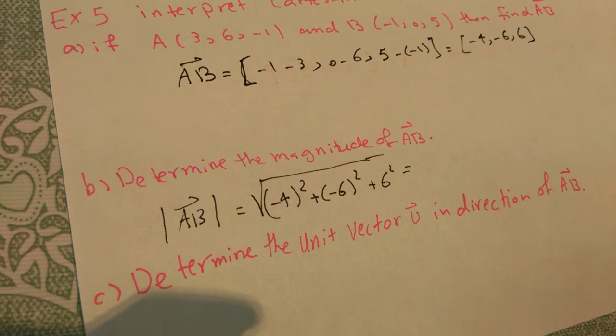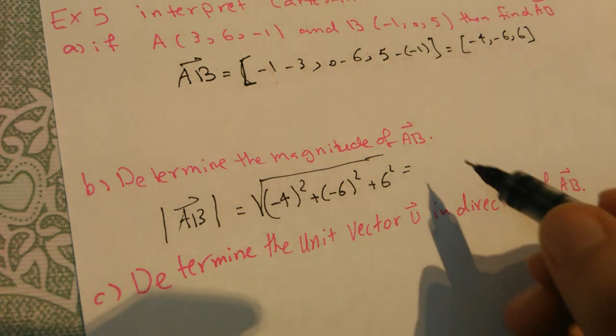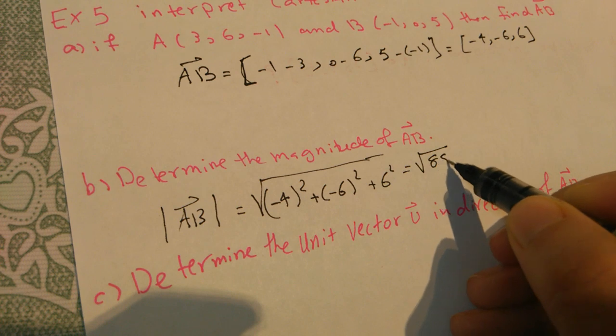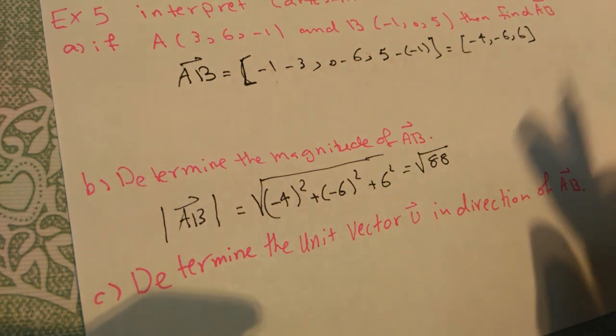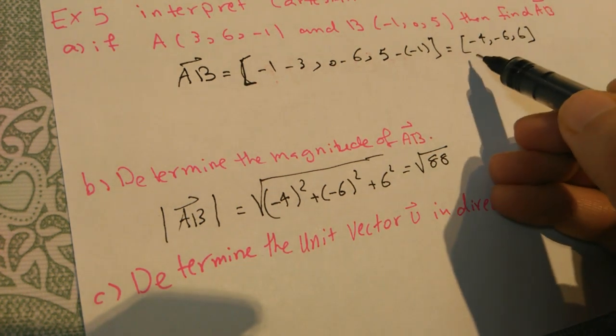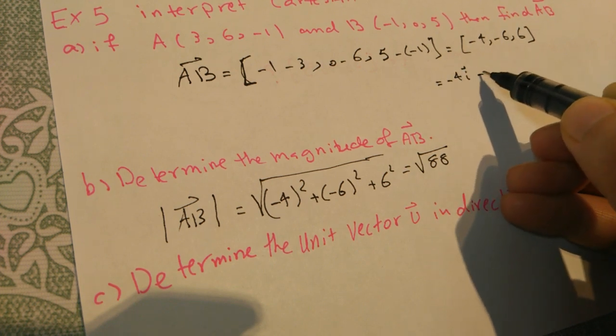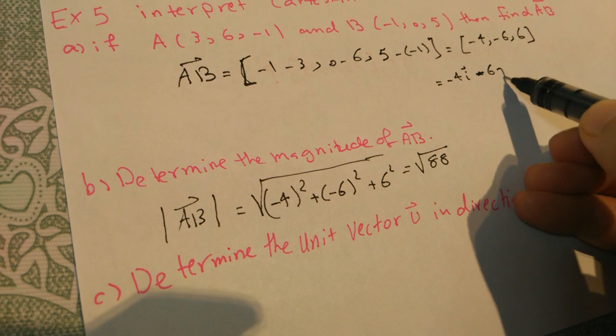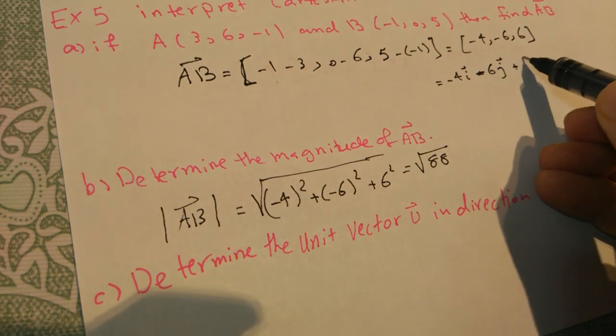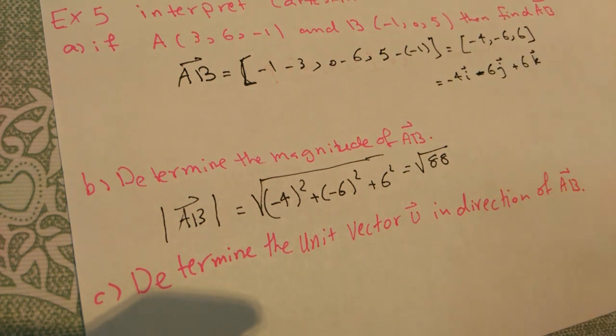The magnitude is square root of 88. Going back to the previous one, I can write it in terms of i, j, and k, right? So it's negative 4i minus 6j hat plus 6k hat.